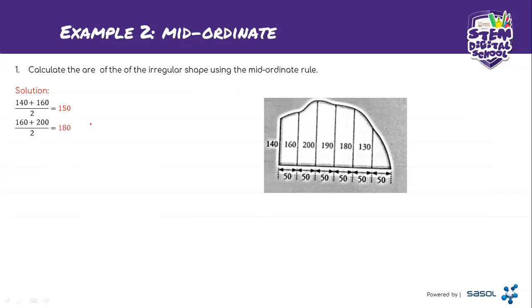Then you do the same with 160 plus 200 divided by 2. The fourth one is 190 plus 180 divided by 2, which equals 185. The fifth one is 180 plus 130 divided by 2, which gives us 155. Of course, the last one is 130 plus 0 divided by 2, which equals 65.